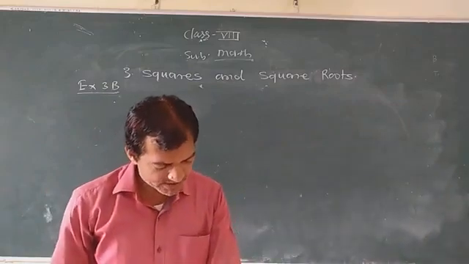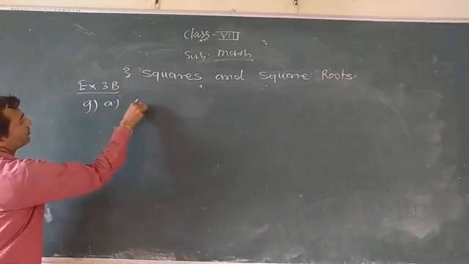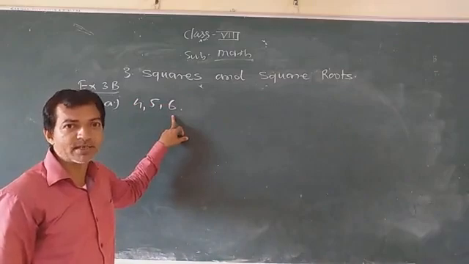Now, first question, 4, 5, 6. These two are smaller numbers and this is the greatest number.